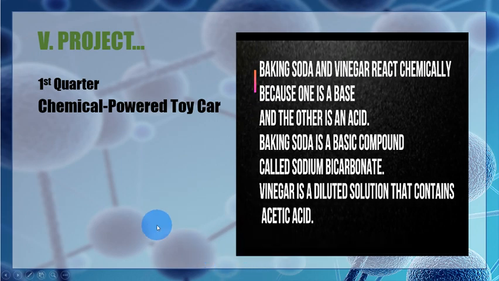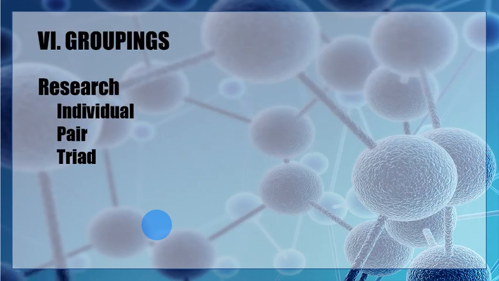Alright, that's it. Now, for the groupings for your research, I decided that you can choose whether you want to be solo, or in a pair, or in a triad. So you have to talk with your classmate about this.